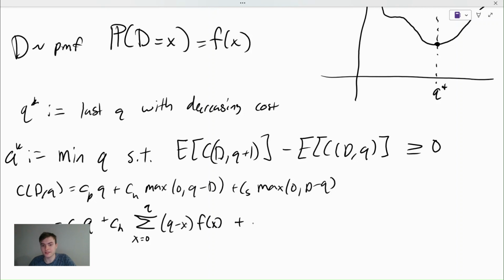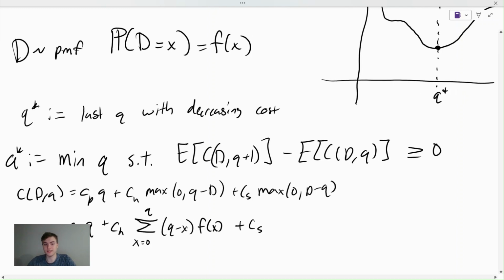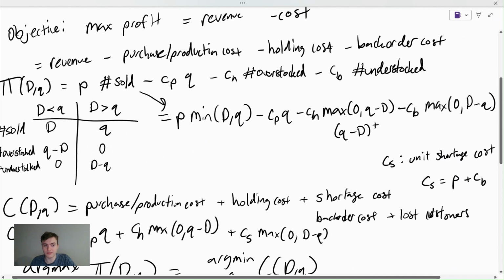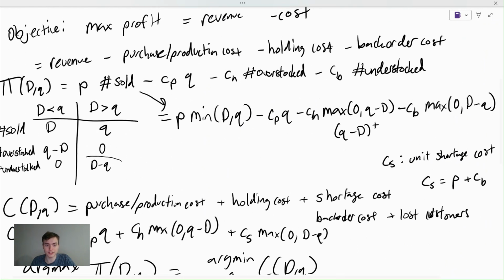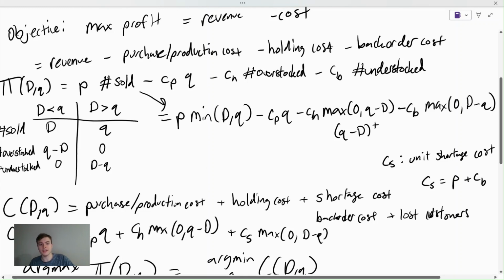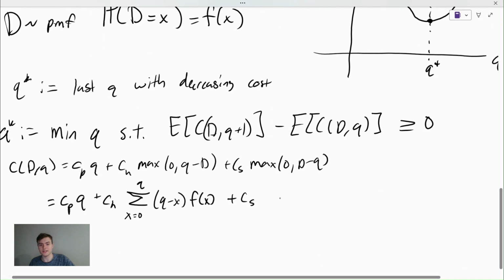And then for CS, we're going to do the maximum of D minus Q. So in terms of what values of demand do we incur the shortage cost, it's when D is greater than Q and our value is X minus Q, right?